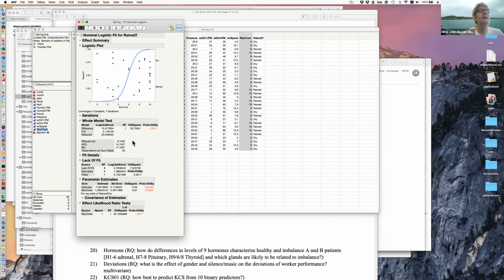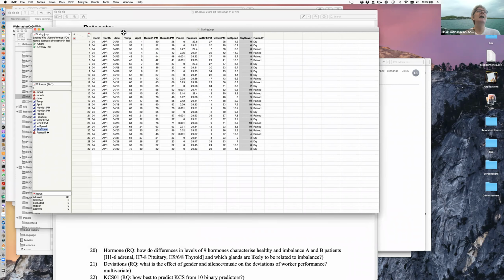Okay, so this is a model for the log odds of rain versus dry, but again, it's rather problematic because it's assuming that sky cover is linear when we know it's actually only ordinal scale.